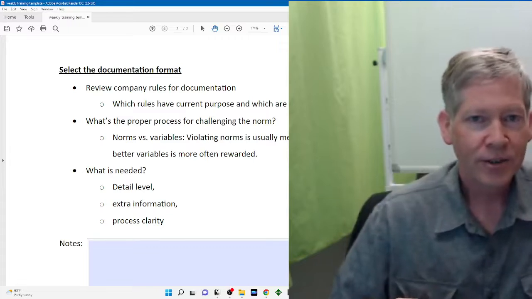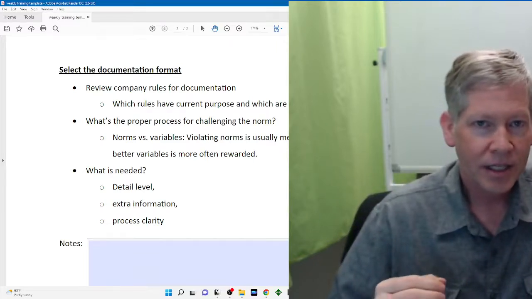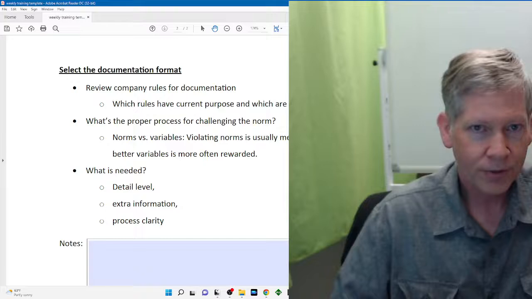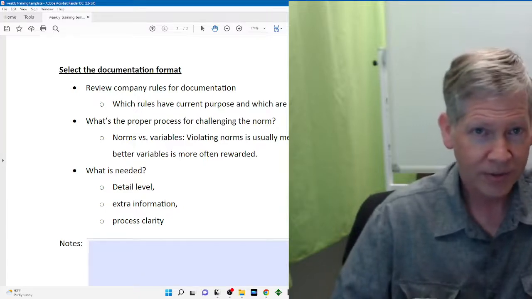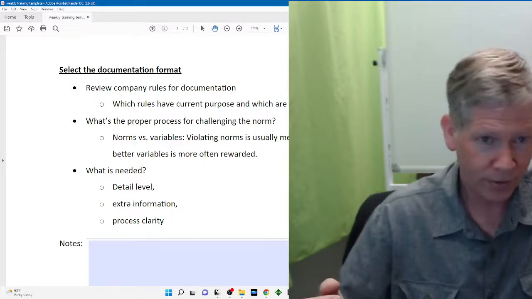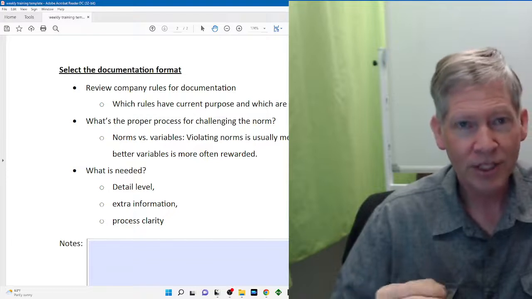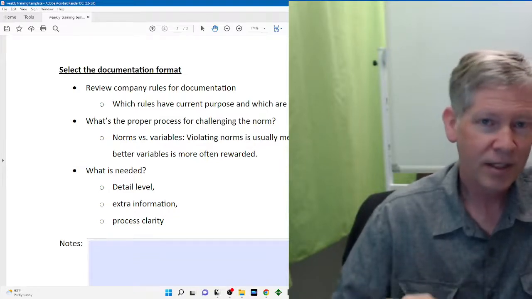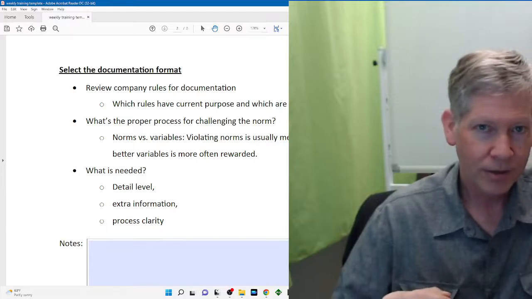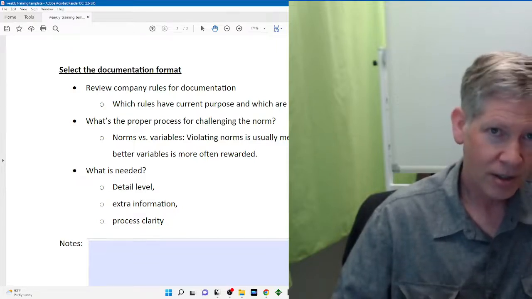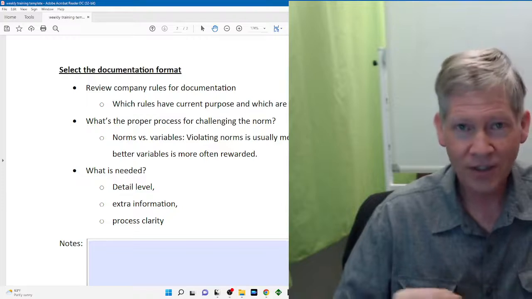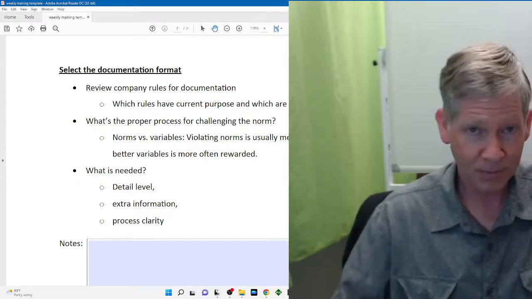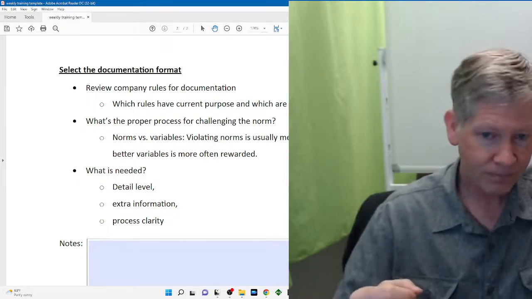And then process clarity. It is extremely difficult for an operator who's been doing the same job for 10 years or 5 years or even 2 years, if they've been doing it without looking at method sheets, maybe there hasn't been a method sheet, it's extremely difficult for an operator who has been doing the job to recognize all the things that they do just by default without thinking about it.